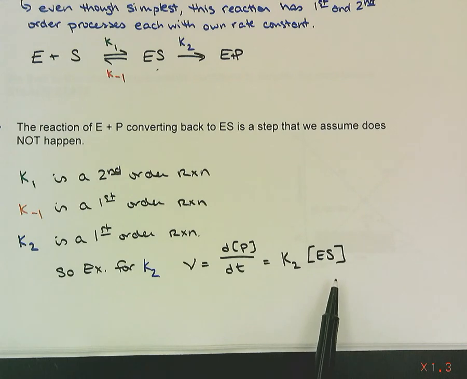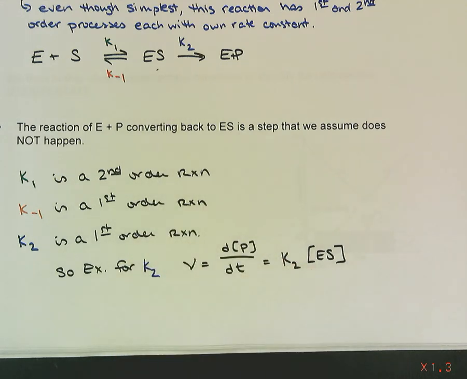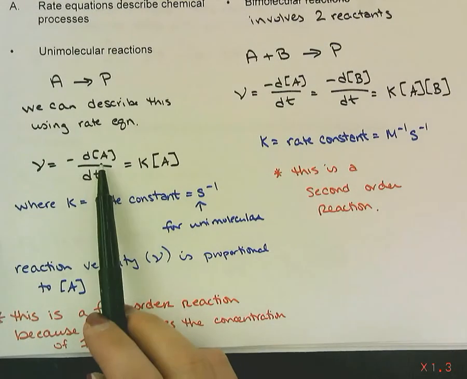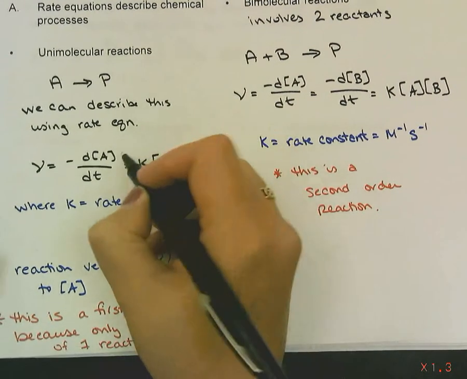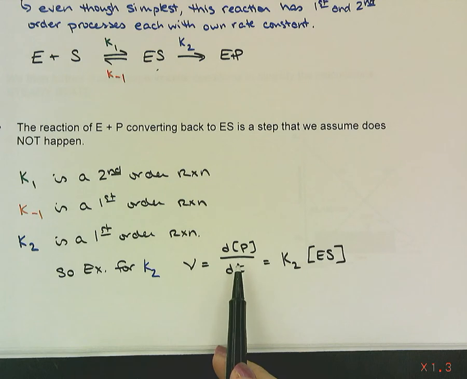Which means now in order to, does that make sense? No? So for all the other reactions, for first order, I could write this, or I could write dP over dt. So I'm measuring the appearance of product.